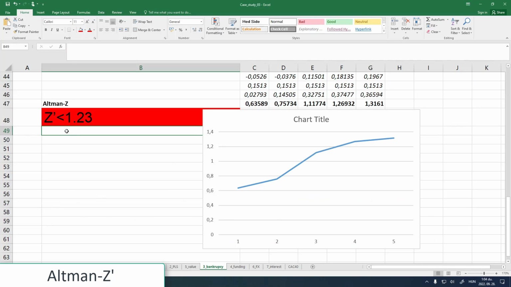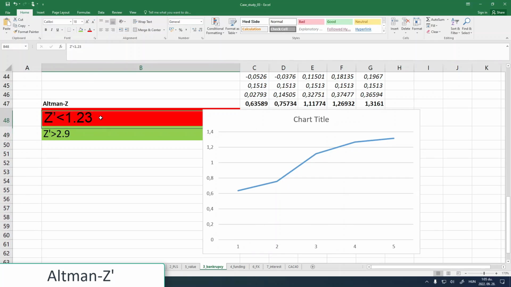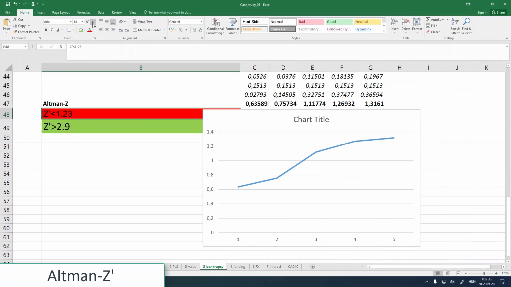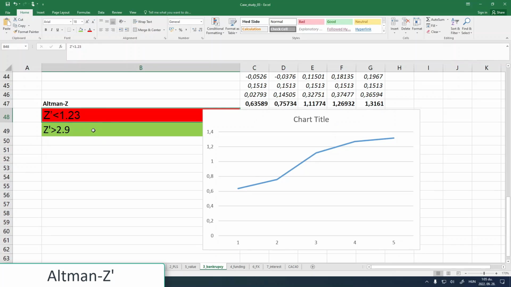And if the Z is bigger than this number, then this will be green. Too big.